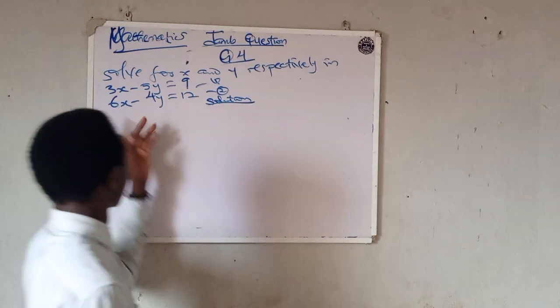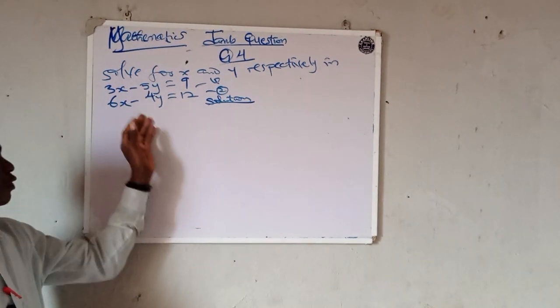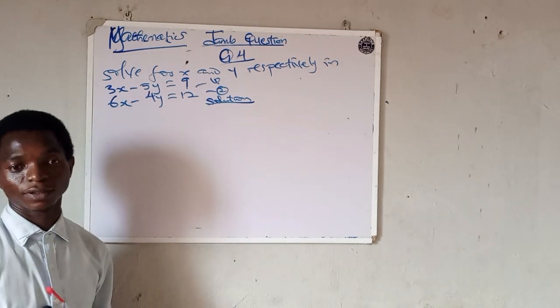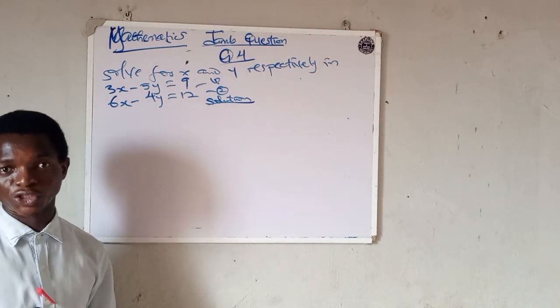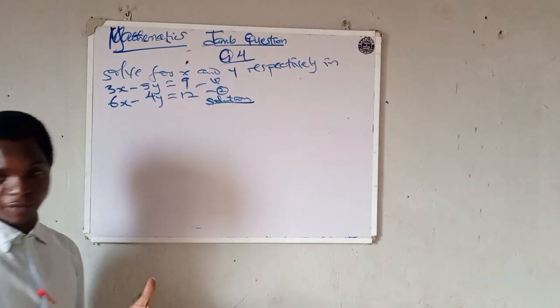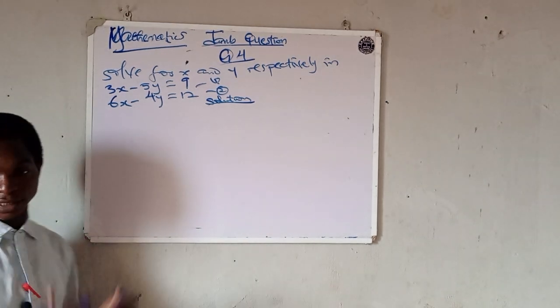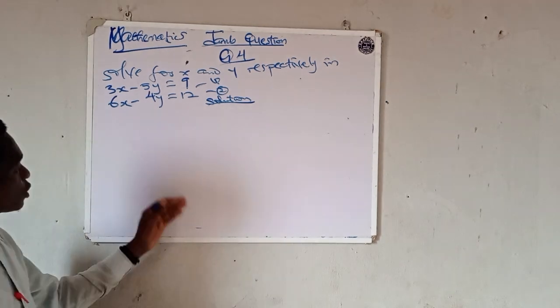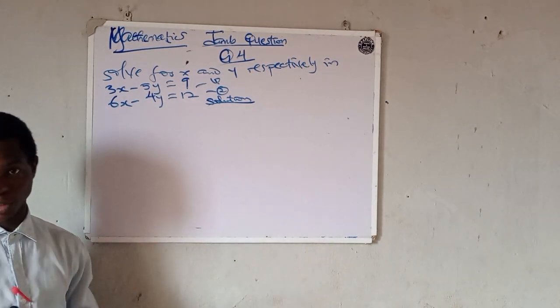But if you look at equation 1 and equation 2, none of the coefficients is the same. The question is, how do I make the coefficients the same? Very simple. Just follow me as we make the coefficient of the variable we want to omit, either x or y, the same.